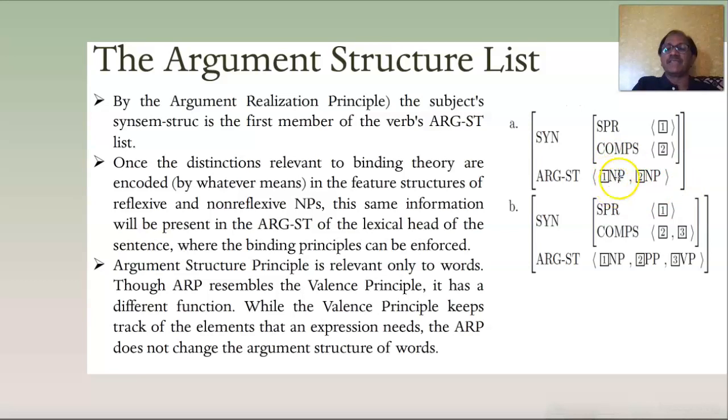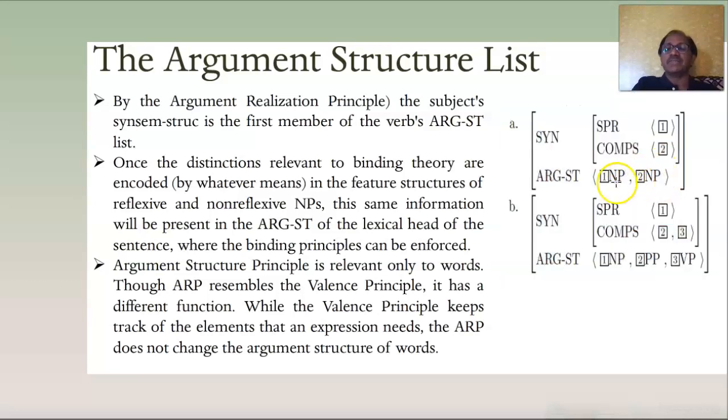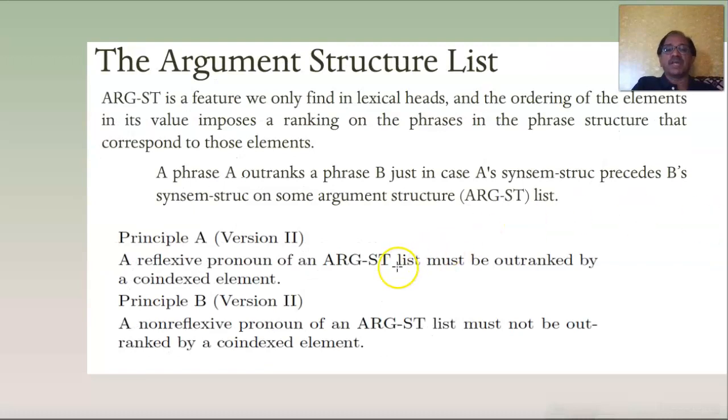If the reflexive is here, this cannot be coindexed with this because the second NP doesn't outrank the first one. Similarly, if you have an NP here in the PP and an NP here, this NP outranks this PP. So you can have a reflexive in it, which can be co-indexed with it. So ranking is important for us to co-index.